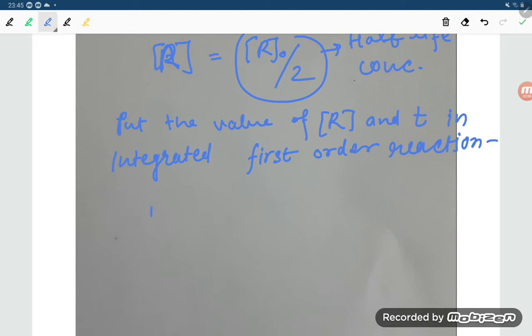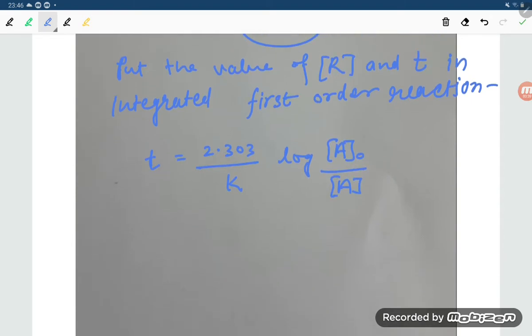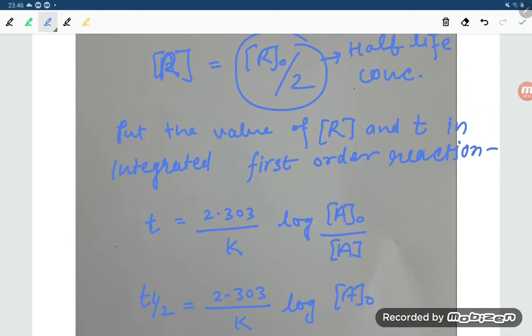The equation is t equals 2.303 upon k log A naught by A, that is initial concentration A naught and final concentration A. So at the half interval, t1/2 is equal to 2.303 upon k log, A naught as it is, and in place of A we have to write R, because we have selected R, right?